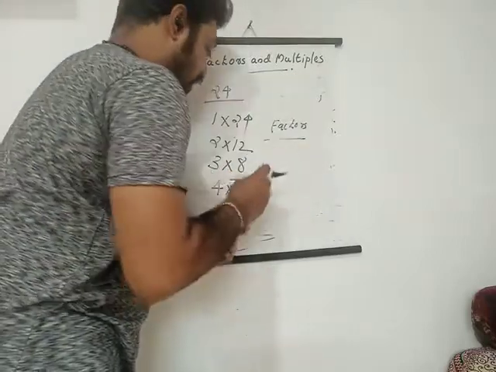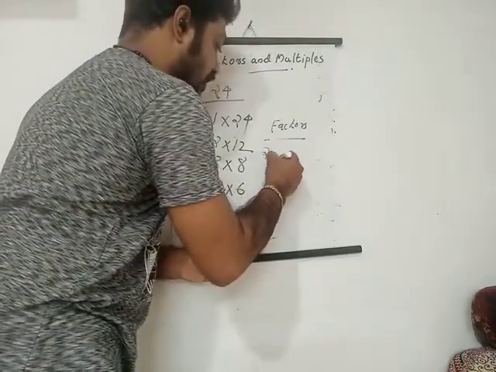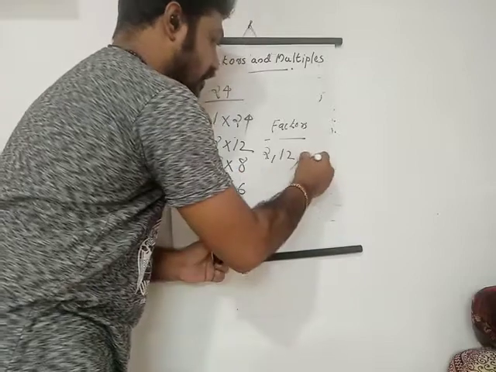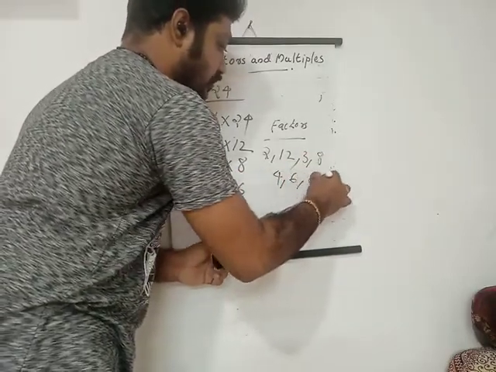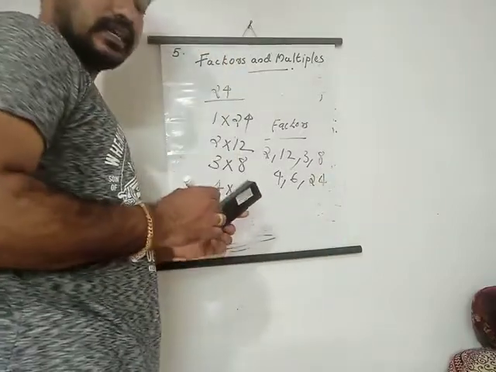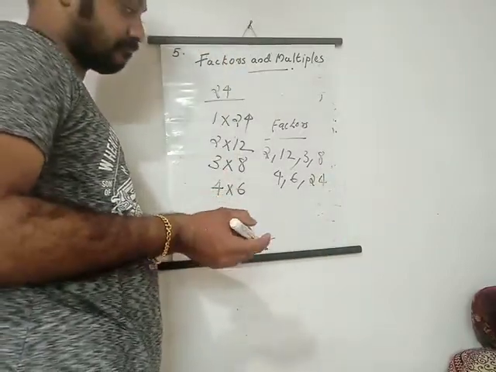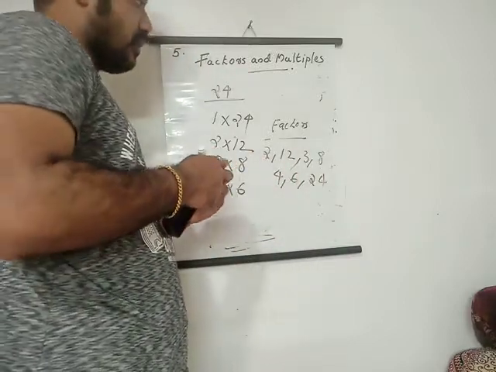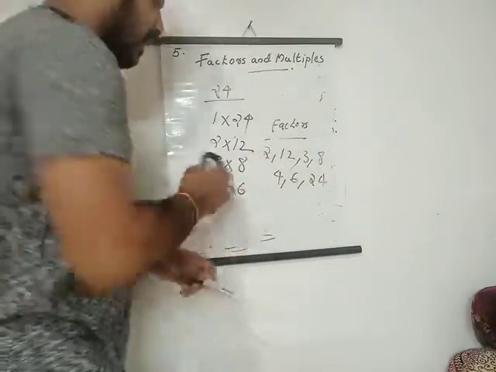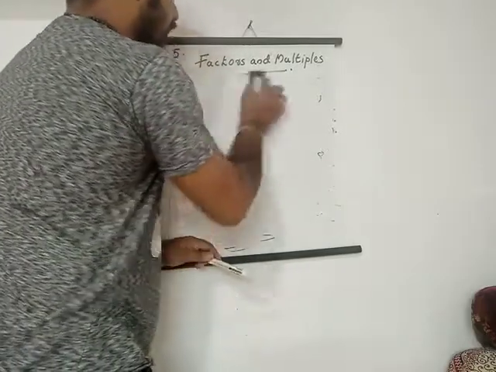Okay, so we can write 2, 12, 3, 8, 4, 6, and 24. These all are the factors of 24. So this is called a factor.